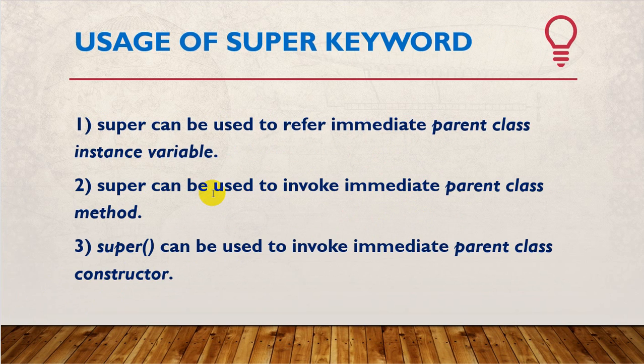Where can we use the super keyword? Basically, there are three different situations. Number one: super can be used to refer to the immediate parent class instance variable. For example, we have a parent class and a child class.